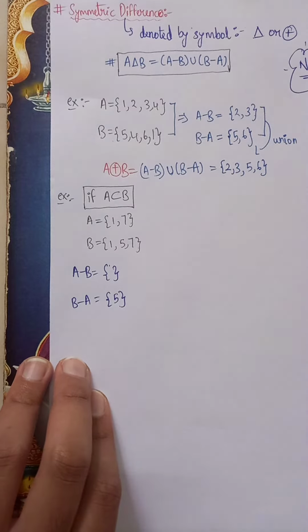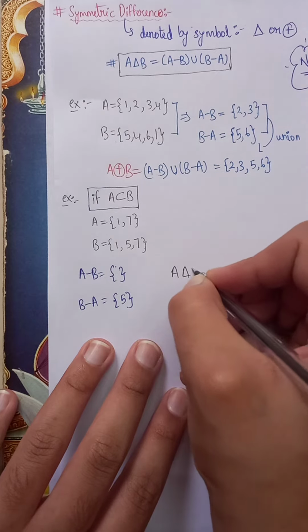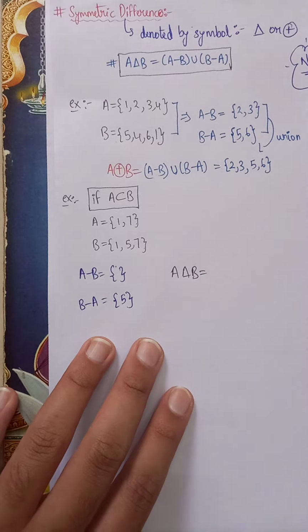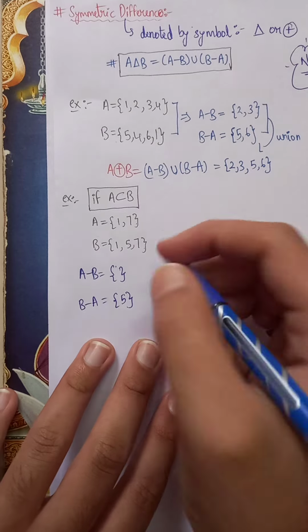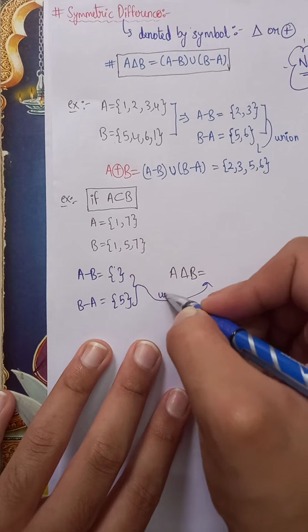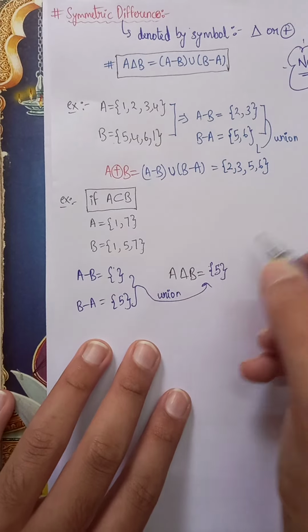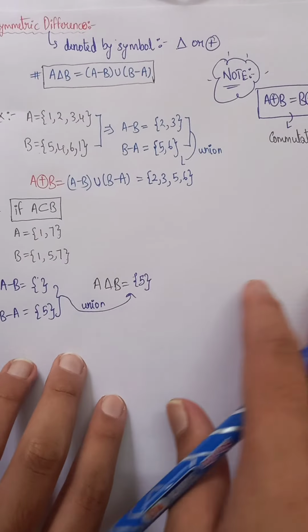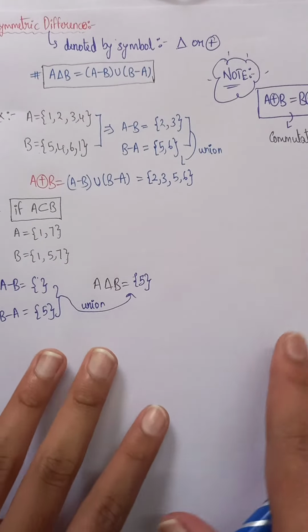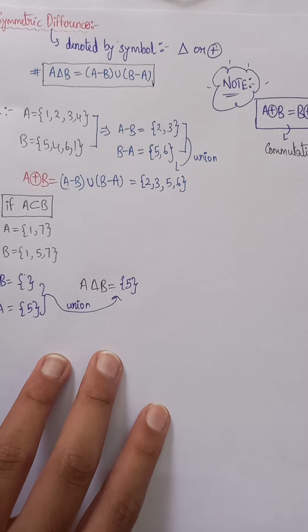So the symmetric difference between A and B is the union of these two. We will get the answer as 5, not the empty set, but the number 5. You should not confuse between those.